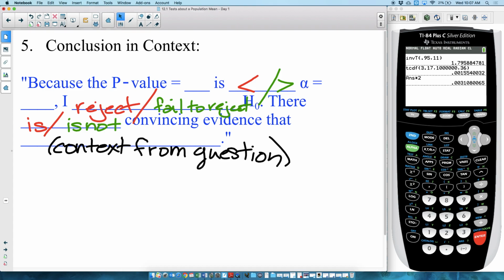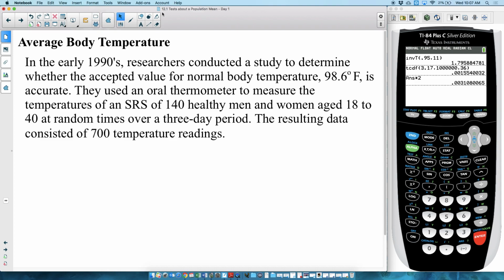All right, you ready to try one? Okay. So, very fittingly, because I was running a fever yesterday, in the early 1990s, researchers conducted a study to determine whether the accepted value for, quote, normal body temperature, which is 98.6 degrees Fahrenheit, is actually accurate.